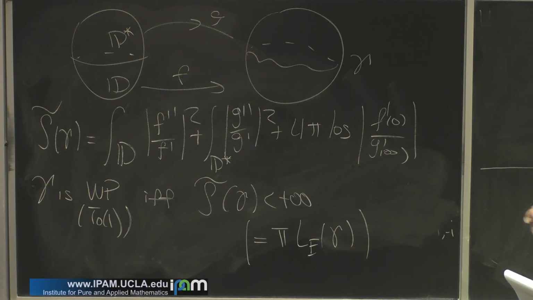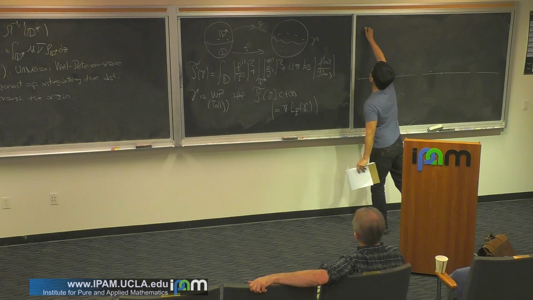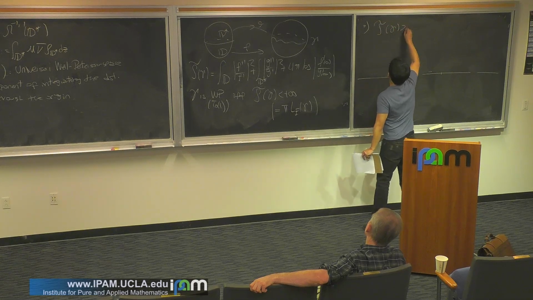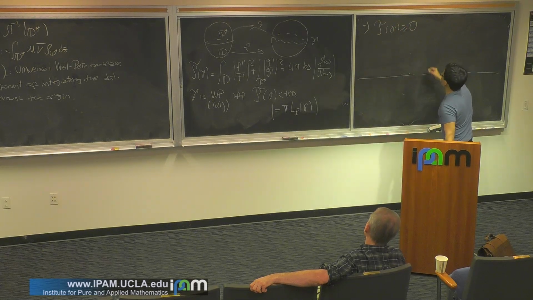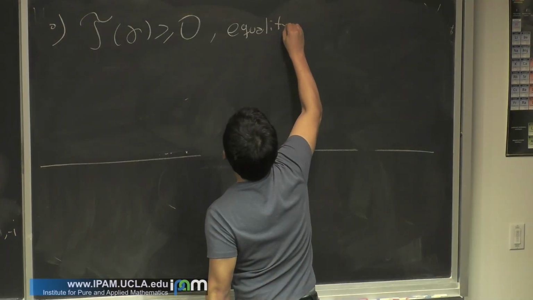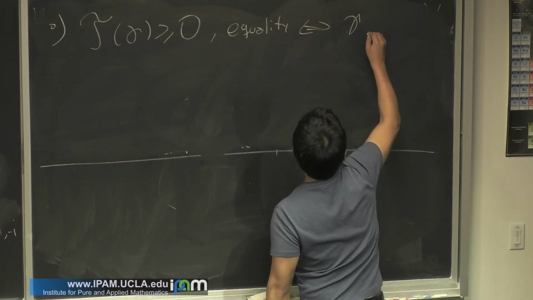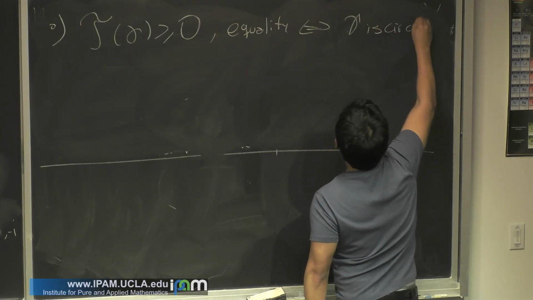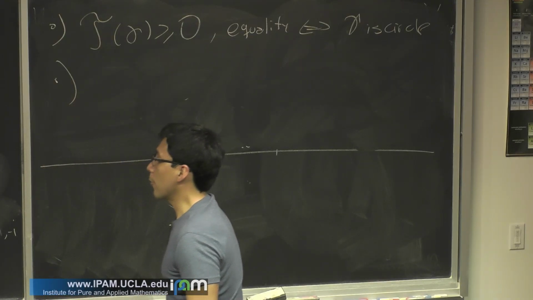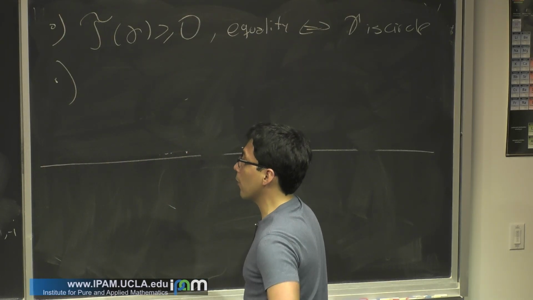Okay, so that's one setup. I'll come back to that moment, but let me tell you two more important properties. One is that this is always going to be non-negative, and moreover, you have equality if and only if gamma is a circle. And then moreover, this is not just any functional.